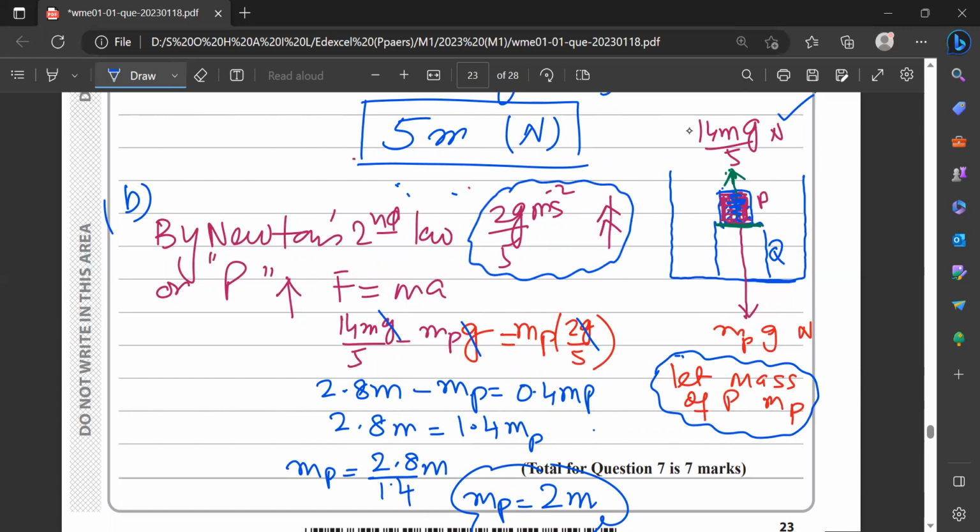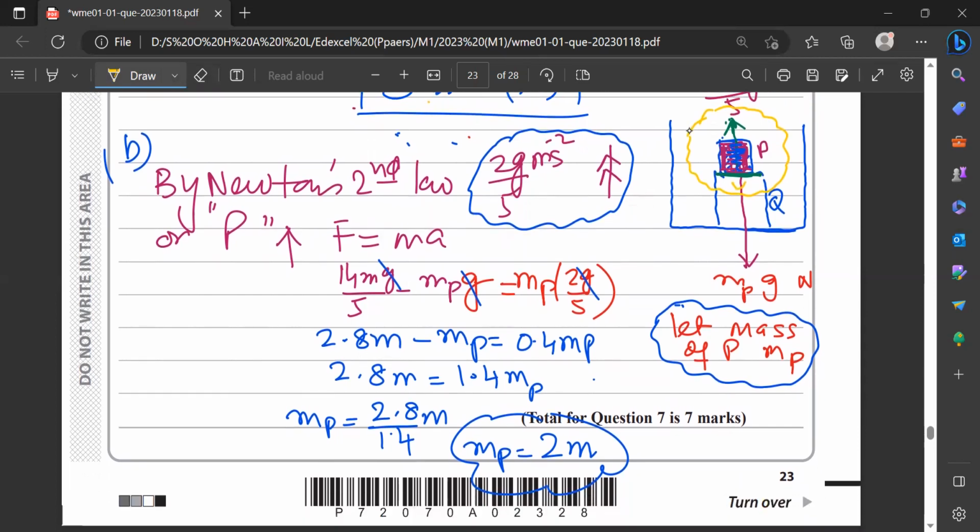So using F equals ma, for the sum of forces in the direction of motion, the only force is 14mg over 5 minus the opposing force. My entire focus in the end was here, and there was the weight and the upward force on P by Q. So in this way, you can find the mass of P.